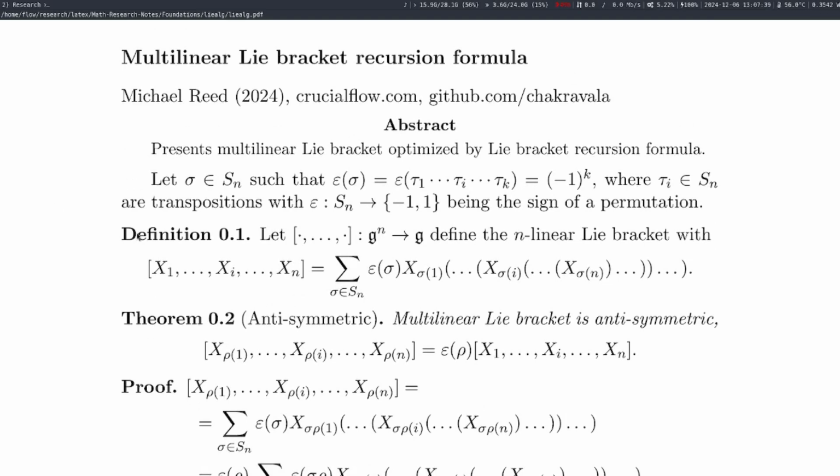As a prerequisite, consider sigma as an element of a symmetric group permutation such that epsilon of sigma is minus 1 to the k, for k transpositions, with the epsilon function being the sign of the permutation.